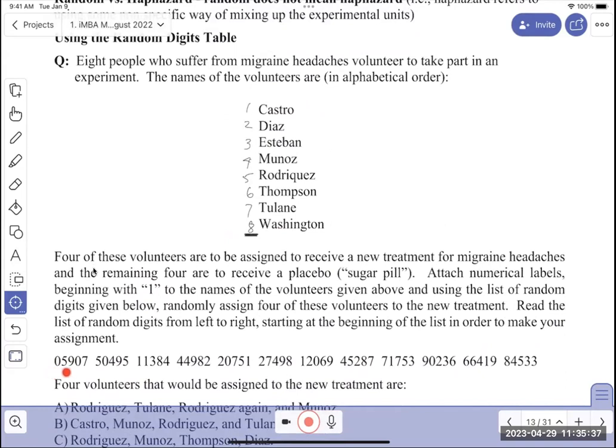There are 10 possible digits, right? The digits are 0, 1, 2, 3, 4, 5, 6, 7, 8, 9, which makes 10 because you have the 0. So because of the 0, that's why I was saying I could have put a 0, because 0 is just as likely as any other number here.